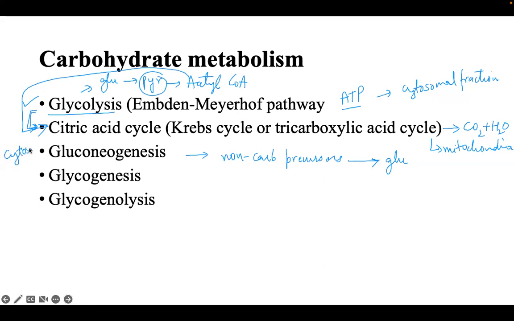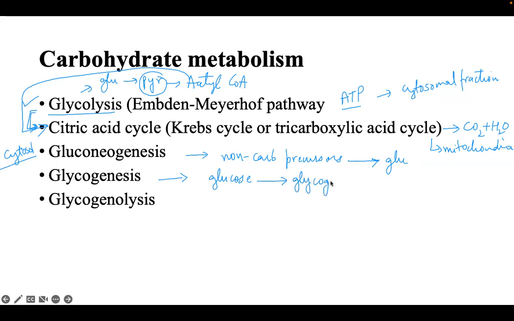This pathway takes place in the cytosol. Talking about glycogenesis, it is basically the formation of glycogen from glucose. When we have an ample amount of glucose present in the body, that glucose is converted into glycogen.